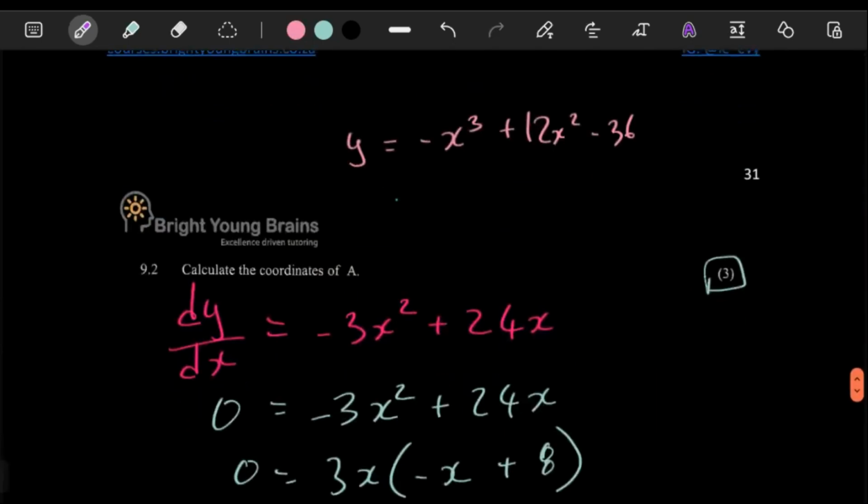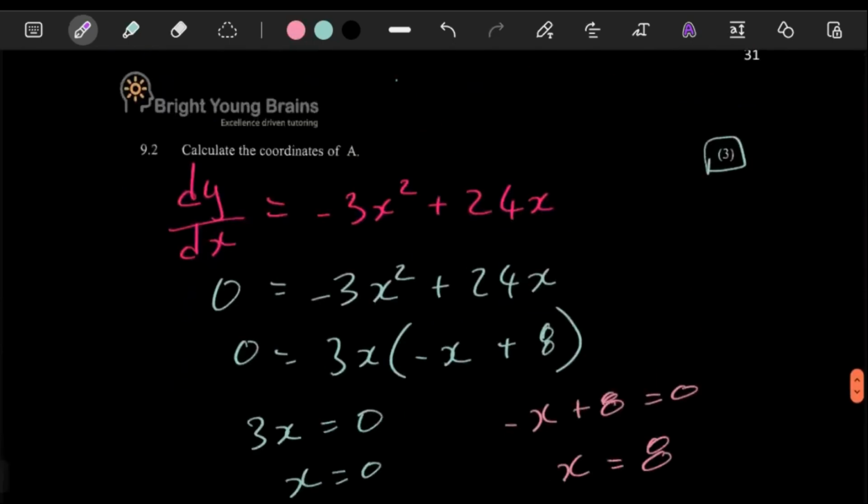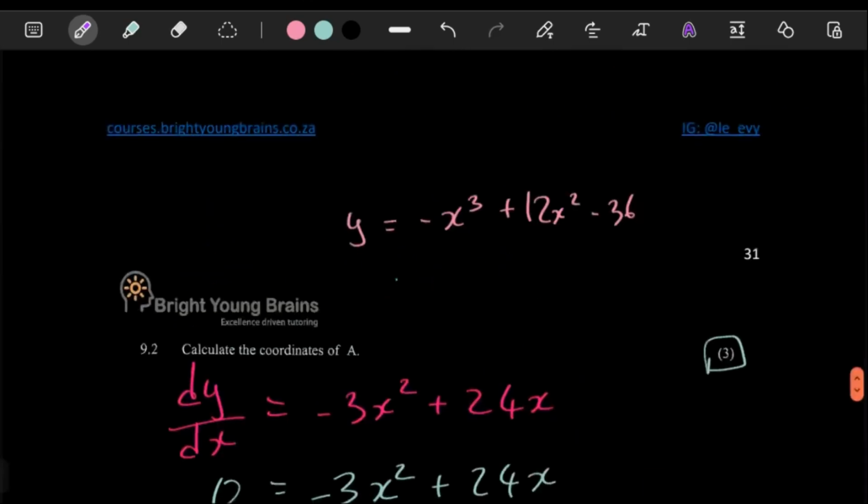One of our other turning points should be a 6, because our value of b was what we have just there. So let me just see here. Oh, I forgot the 36 has an x.